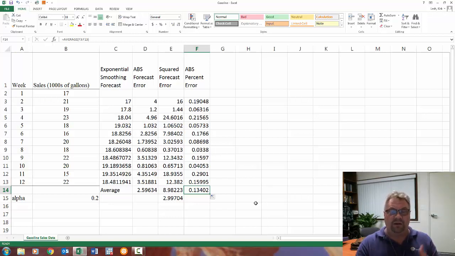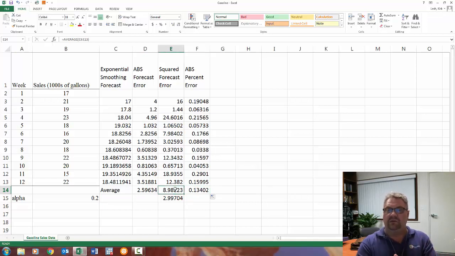So if I want to find the alpha that minimizes, say, the forecast error, the squared forecast error, or the percent error, right? Now, your book recommends minimizing the average of the squared forecast error, which I happen to agree with. This is a good one. But I'm also a fan of the absolute value and the percent error, right?